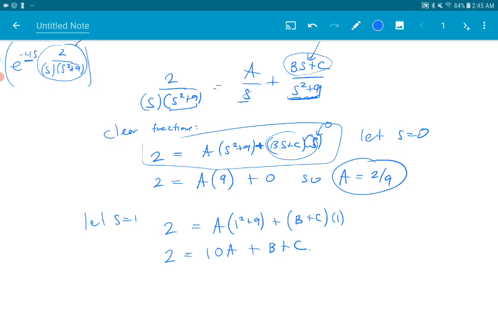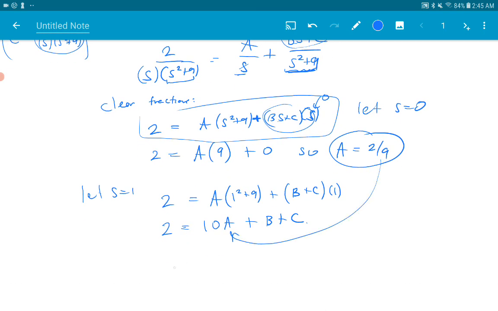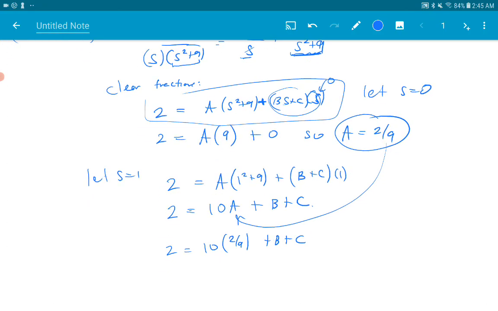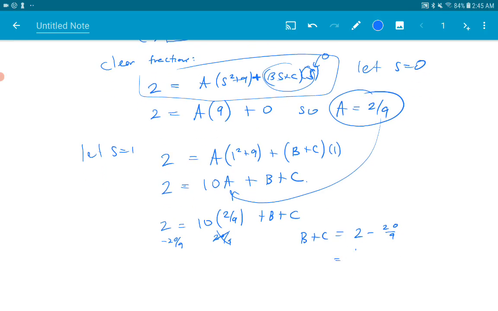That's not too bad. It doesn't enable us to finish solving for b and c, although I could plug the a in, right? So I can say 2 is equal to 10 times 2/9 plus b plus c. And this is 20 over 9. I could subtract it on both sides, and I'll get b plus c equals 2 minus 20 over 9. Well, 2 is what, 18 over 9? So I get minus 2 over 9.